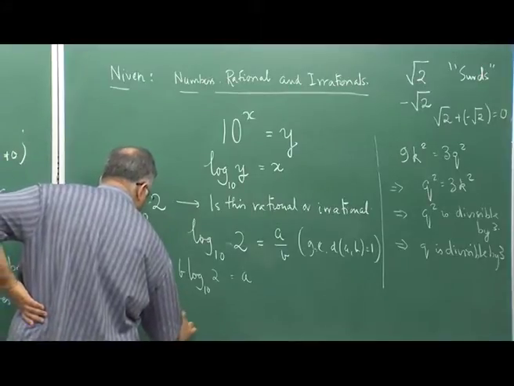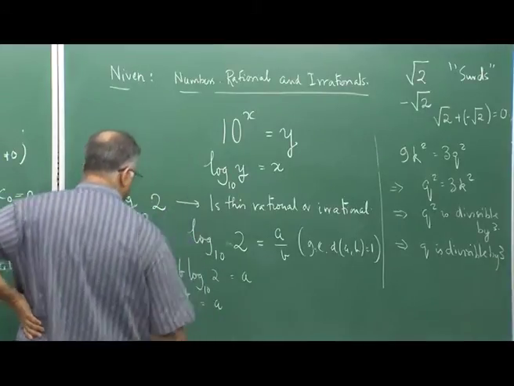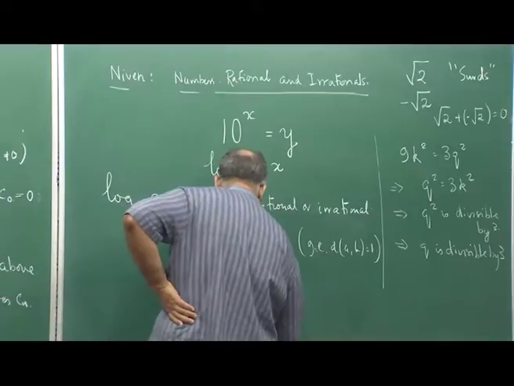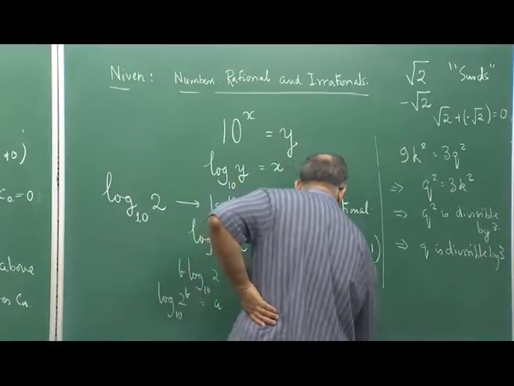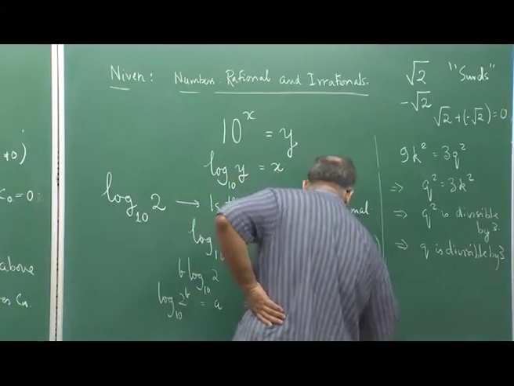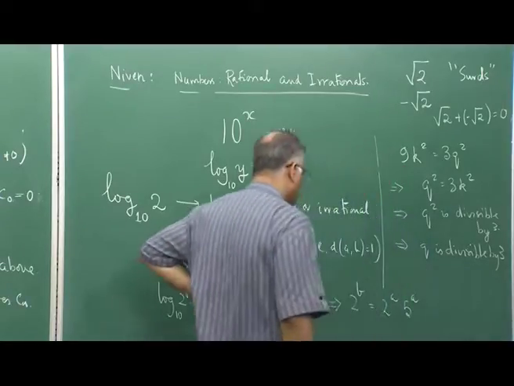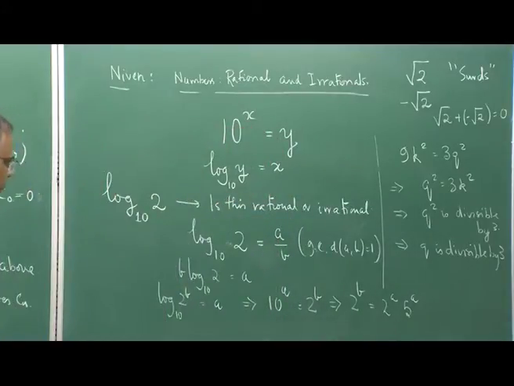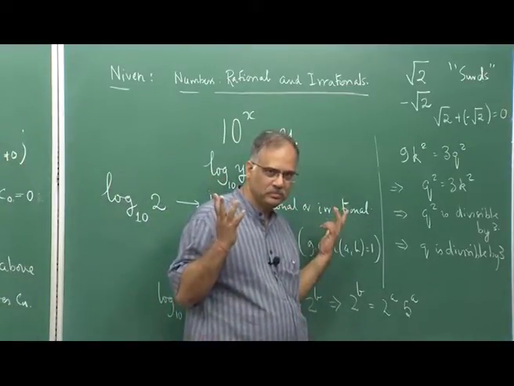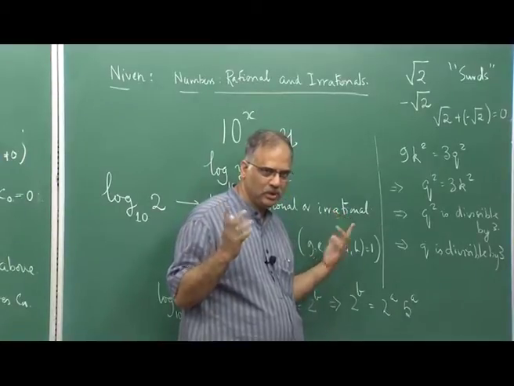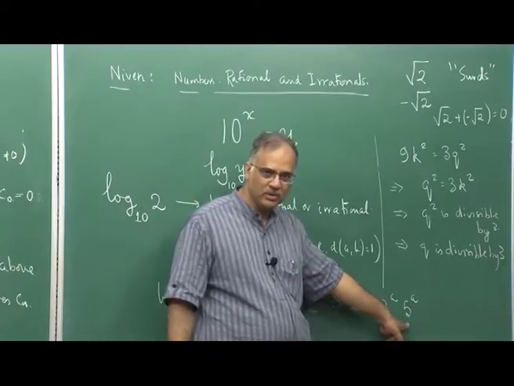So it means log 10 of 2 is A by B, which simply means 10 to the power A is 2 to the power B, and hence 2 to the power B is 2 to the power A into 5 to the power A. So 2 to the power B is some number, and this looks like a prime factorization, which has to be unique.